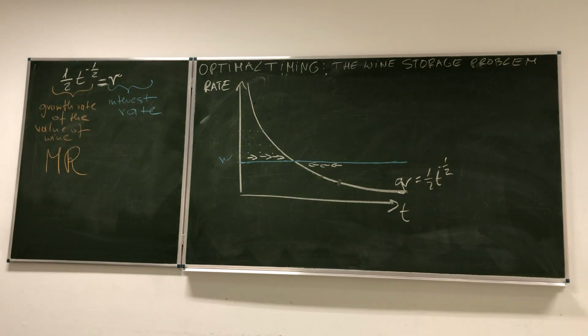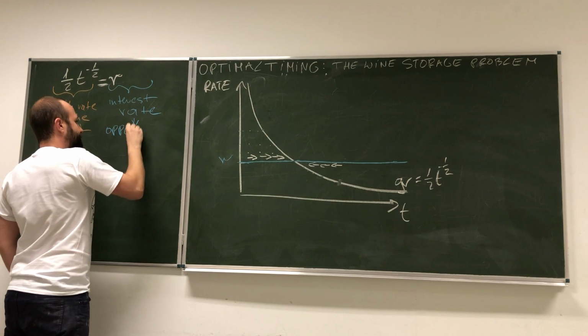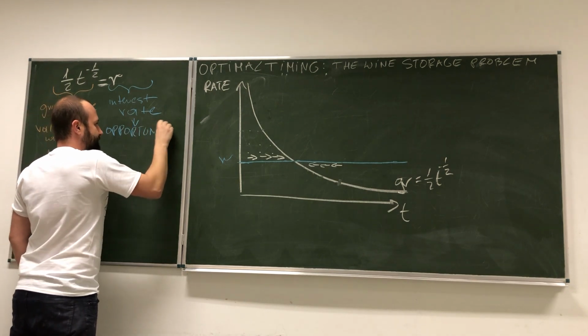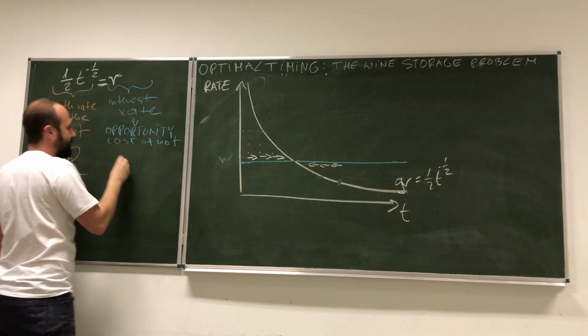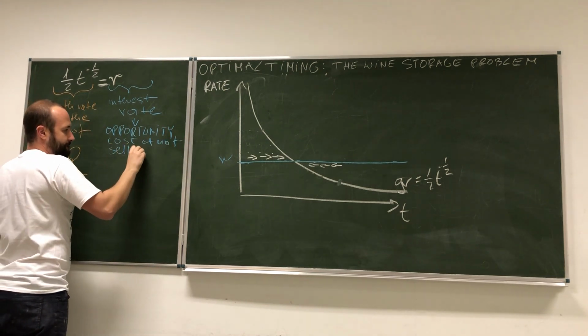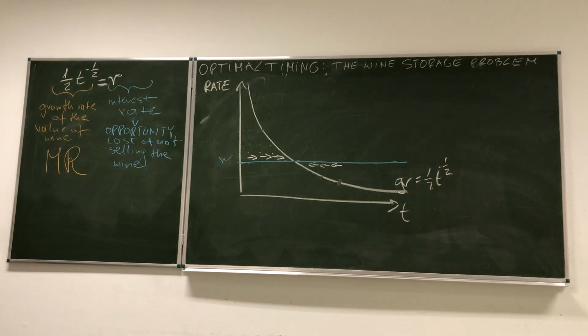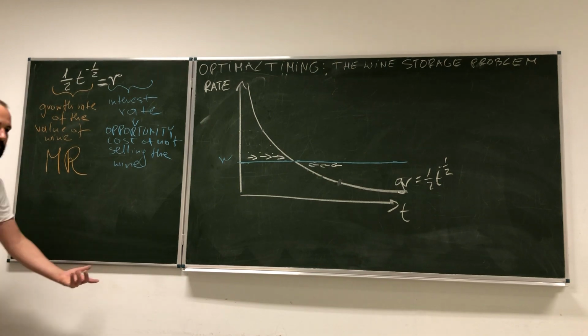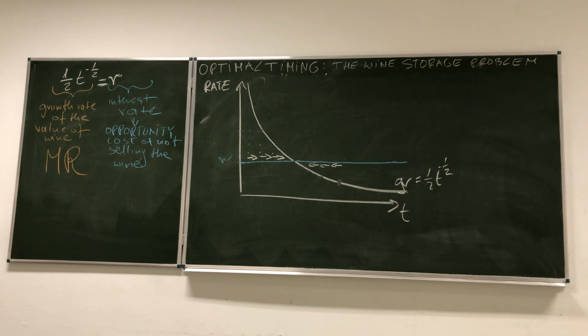Now, this one is telling you what is the opportunity cost of not selling the wine. So, what is the cost associated with not selling the wine for one additional year, month, day?